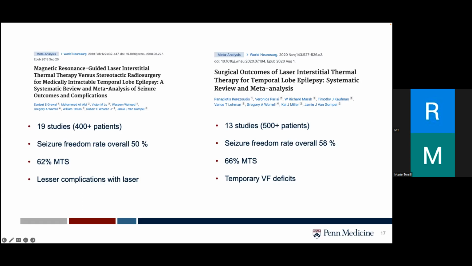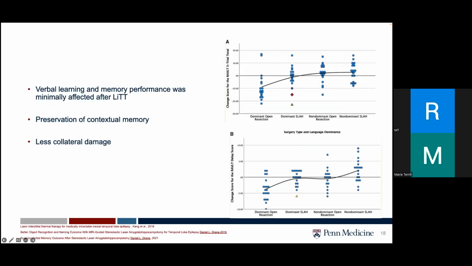These rates were higher on the left side after the procedure, but when you compare it to open resections with temporal lobectomies or selective amygdala hippocampectomies, this was way less, again driving the point that there are fewer complications, or more transient complications, with LIT rather than with open resections.